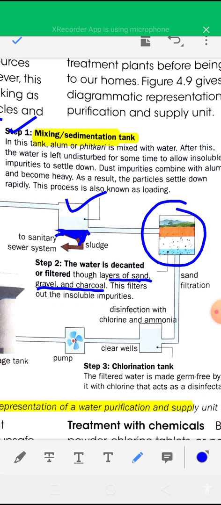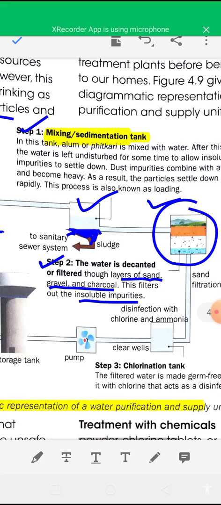This is the filtering chamber. Step 2: after passing through the mixing or sedimentation tank, the water is decanted or filtered through layers of sand, gravels and charcoal, and this filters out the insoluble impurities.